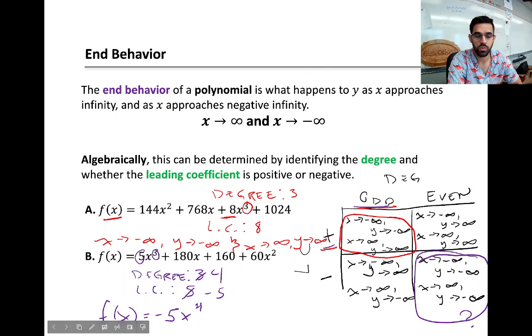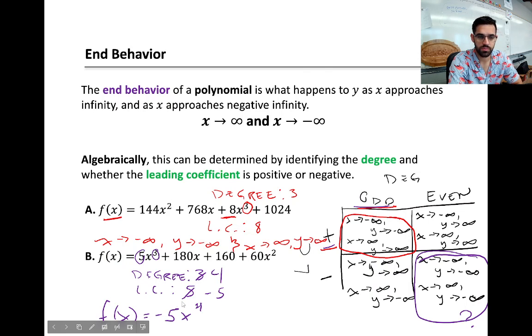Example B was quite boring, we decided, because it's also an odd degree polynomial with a positive coefficient. That would be the same as example A. So the question was, how would you change example B to make it an even degree polynomial with a negative coefficient? We said we could change the 3 to a 4, and we could change the 5 to a negative 5, and that would work.